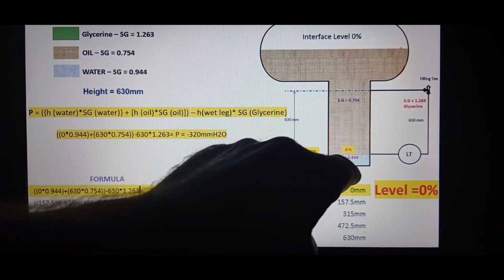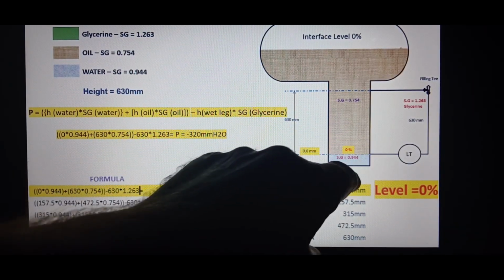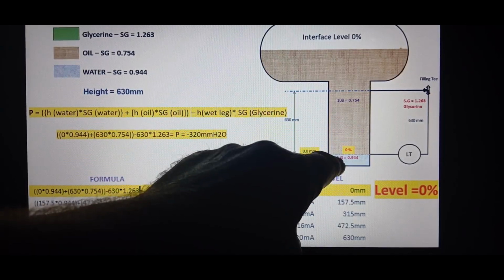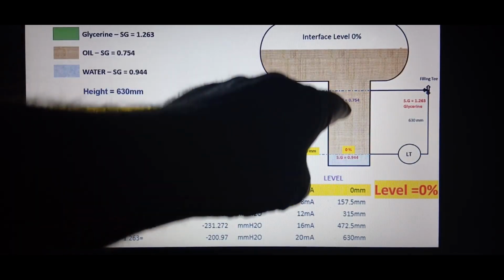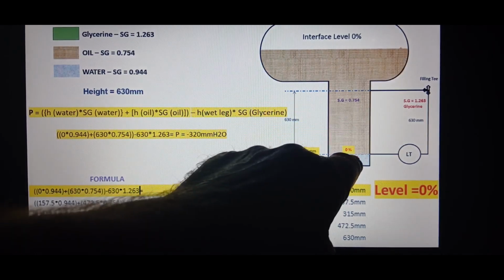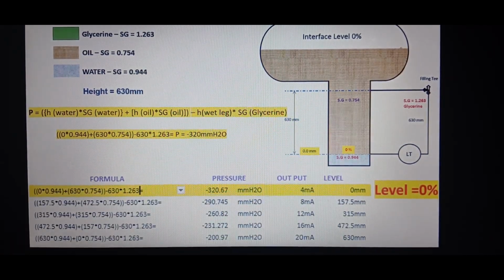So what will the pressure be on this level transmitter when the water level is at 0, but your oil is full? So it's full of oil, but we've got 0 level for water.